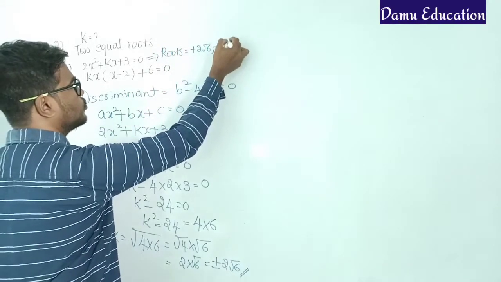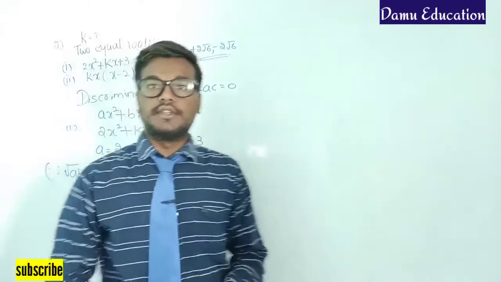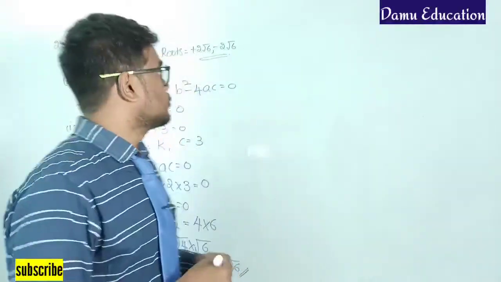These are the two values for the first expression, 2x square plus kx plus 3. Then what is our next expression?